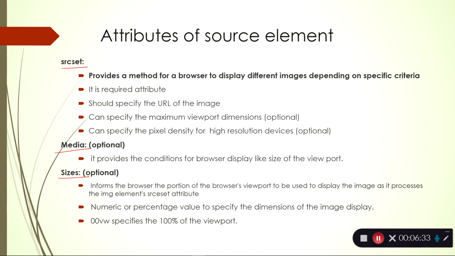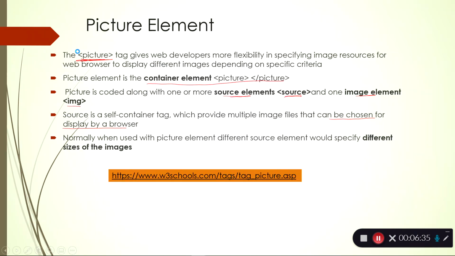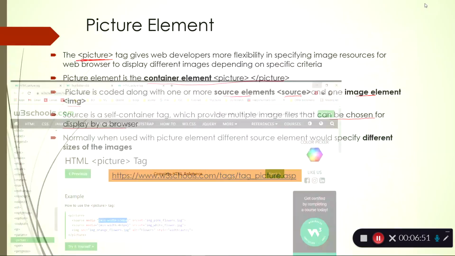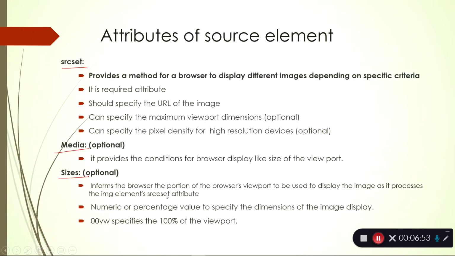So srcset attribute, let's look at the code once again. The srcset attribute will hold the actual file, and the media attribute will specify the display, and you can also have the sizes attribute to specify the actual size.